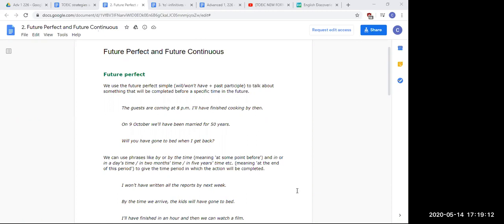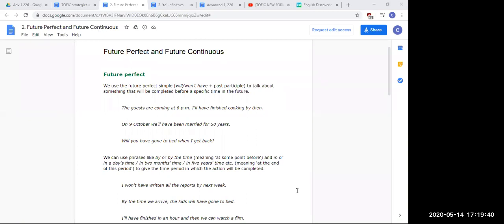Okay, Stalin, that's just a future sentence. So we're not using the future perfect. Louise, "she'll read the newspaper tomorrow." That's just future, future with will.